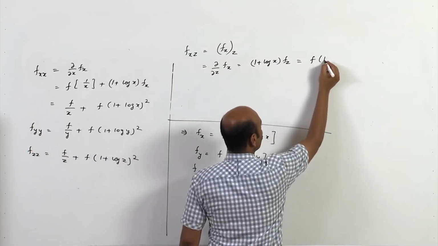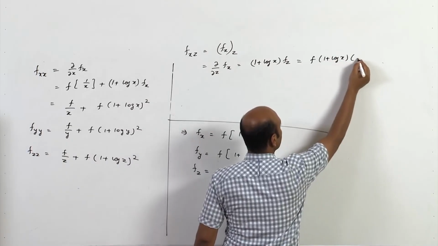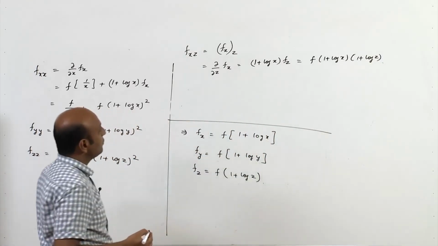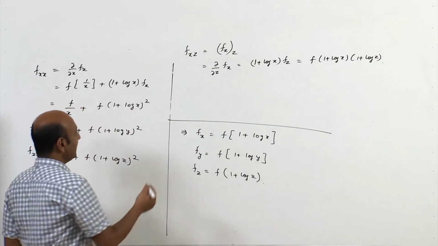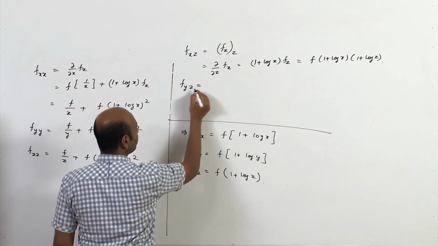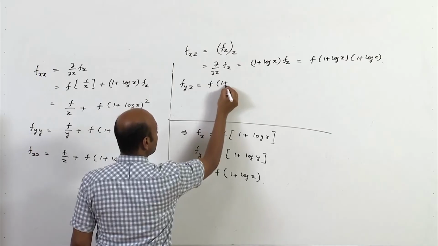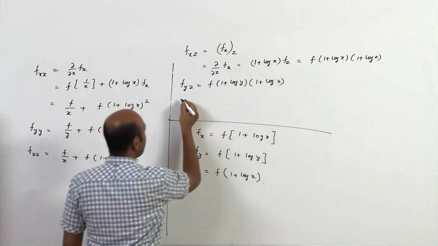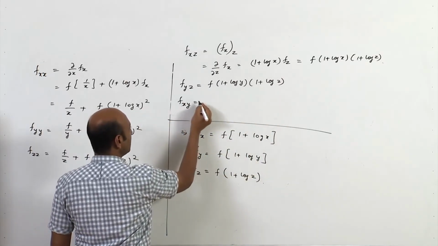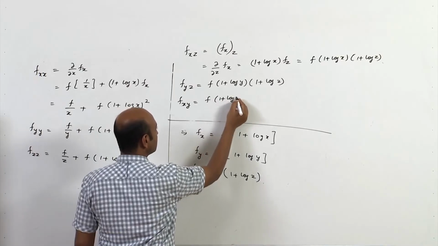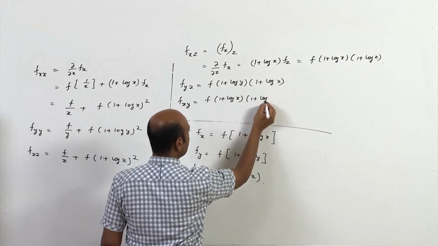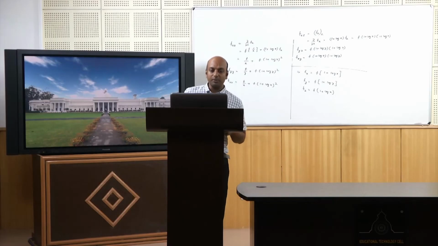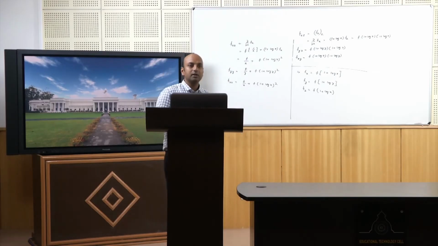So, it is f (1 plus log x) into (1 plus log z). Again using the symmetry we can simply say that fyz will be f into (1 plus log y) into (1 plus log z), and similarly fxy will be f (1 plus log x) into (1 plus log y). Okay. So, that is how we can find out all mixed second order partial derivatives for this function.